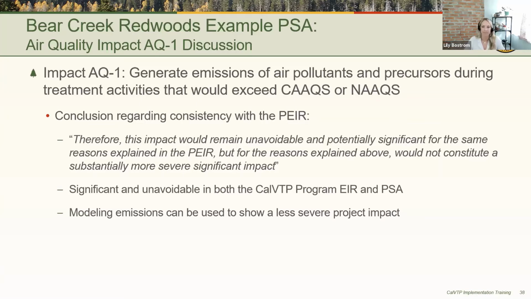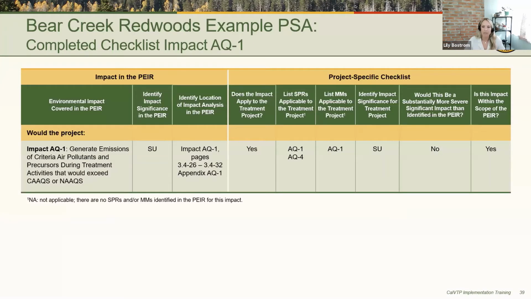Next slide, please. So this is the completed checklist for impact AQ1. So again, the first 3 columns do not change. And the first column that we filled out was, does the impact apply to the treatment project? In this case, it did.